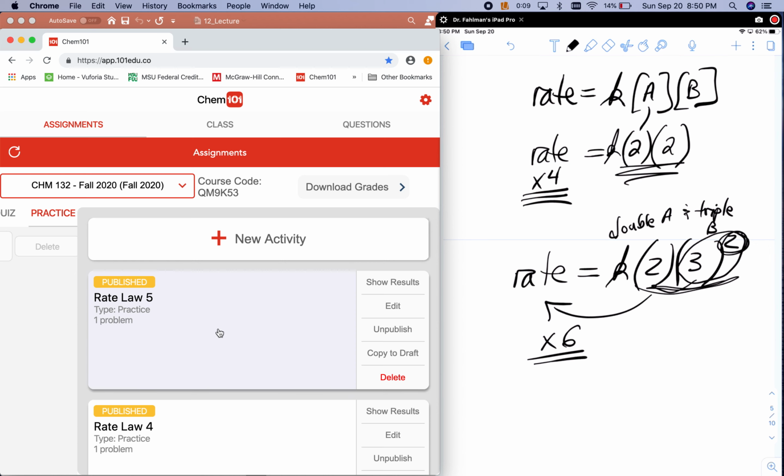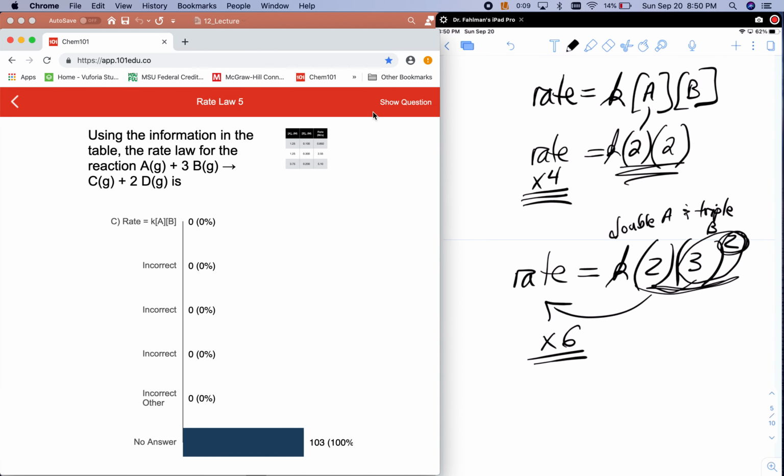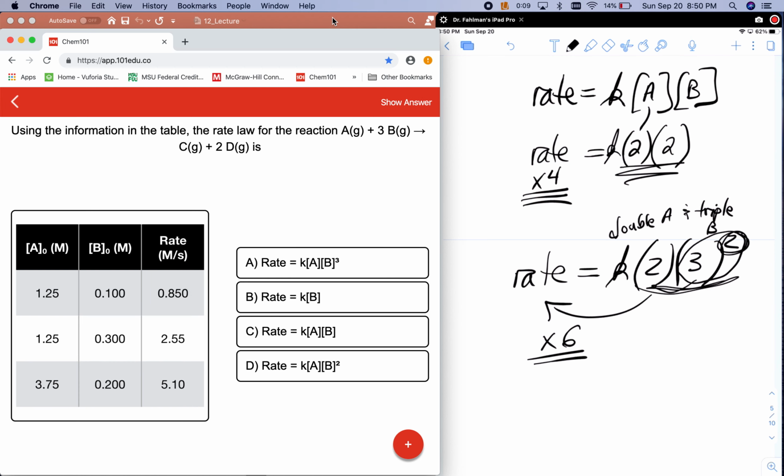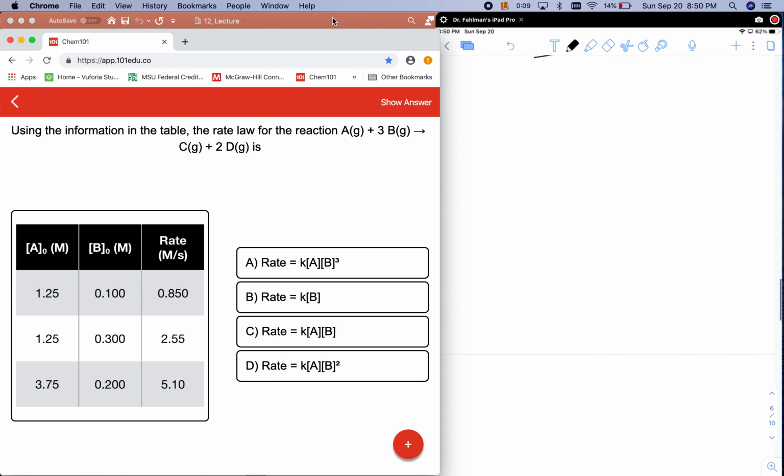And then the last one for practice that I queued up for you is something that you're going to see on Alex. This one looks the same as what we've done many times already. A and B are your reactants, and we want to know what those exponents are.